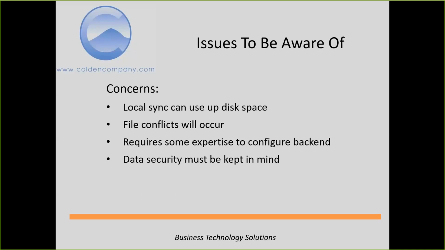Okay, file conflicts can occur, and that also goes with that local sync. So we talked about that scenario where you've got files that you're using on an airplane. Well, maybe while you're on that plane, somebody else is changing that same file.